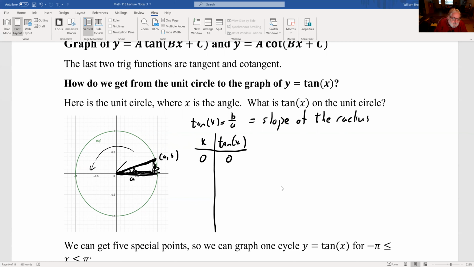If we're at pi over 4, well, we know from a 45, 45, 90 triangle that a and b are exactly the same, so our slope is going to be 1. And if we get to pi over 2, the slope of a vertical line is undefined. So tangent is undefined. It's going to have a vertical asymptote at pi over 2. We can go the other way.